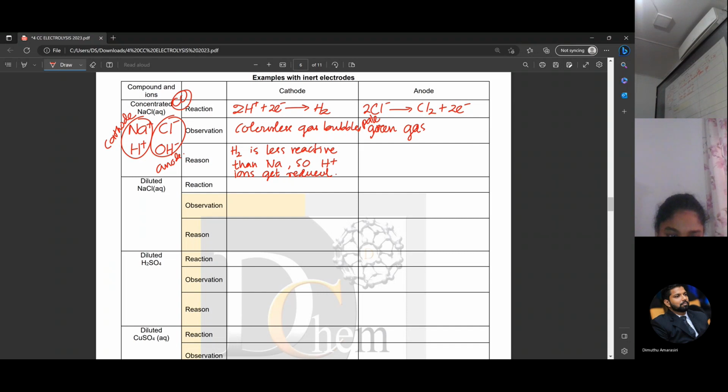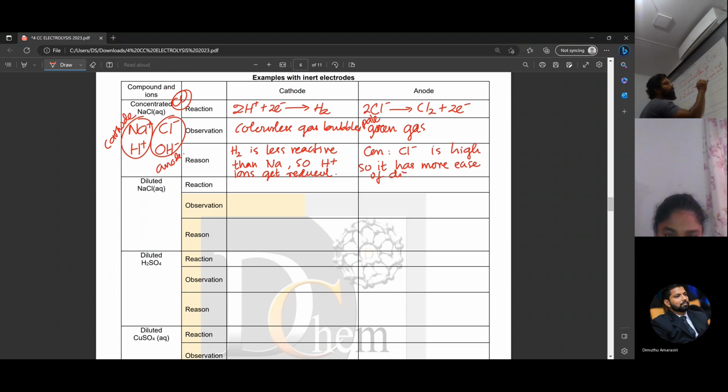And the reason for this is the concentration of chloride ions is high. So it has more ease of discharge.